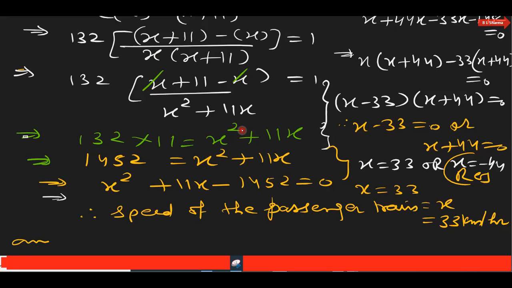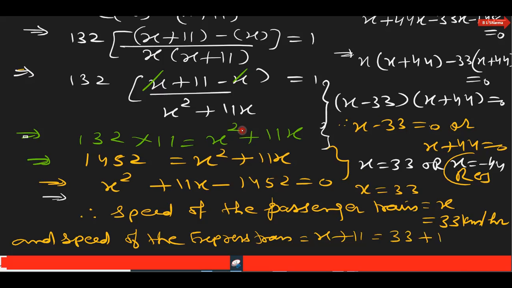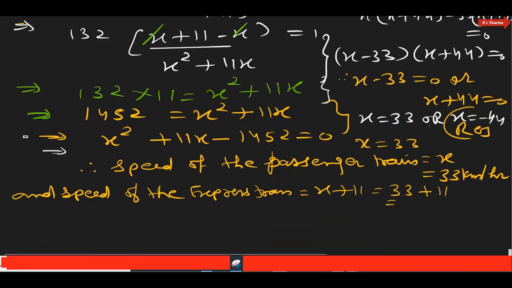And the speed of the express train, that is x plus 11, or x plus 11 means 33 plus 11, that is 44 kilometer per hour, answer.